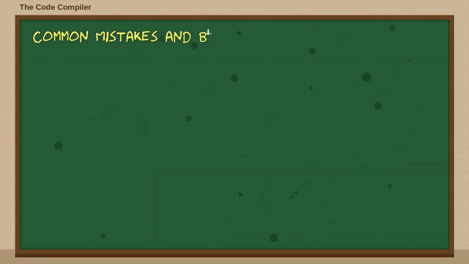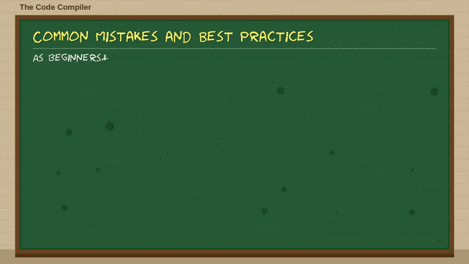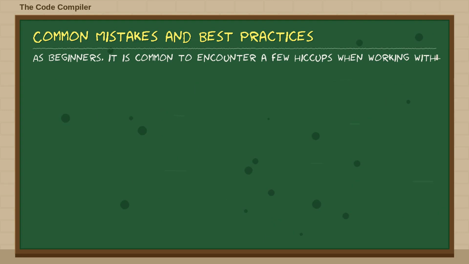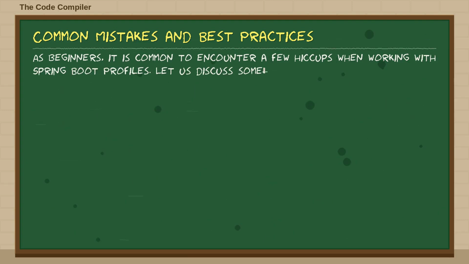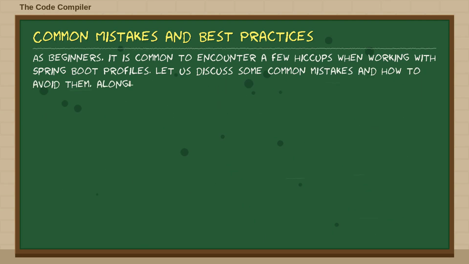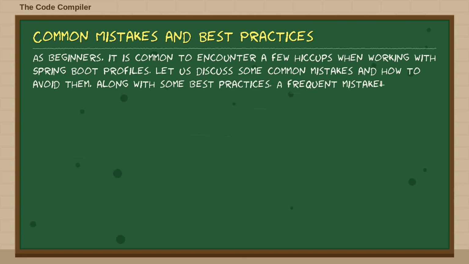As beginners, it is common to encounter a few hiccups when working with Spring Boot profiles. Let us discuss some common mistakes and how to avoid them, along with some best practices. A frequent mistake is forgetting to activate a profile, leading to unexpected default behavior.